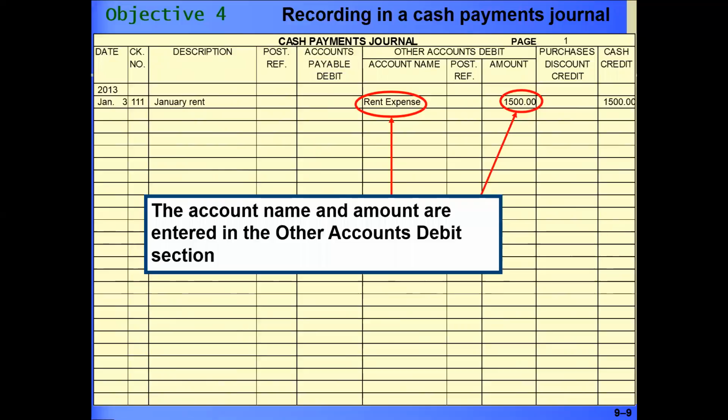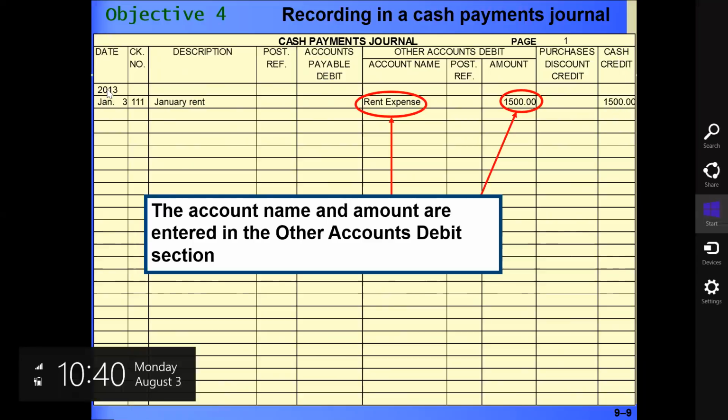So does a debit or a credit reduce an asset? Credit. And that's why we're crediting the cash column. Because these are cash payments, cash goes out, it's a credit to cash, $1,500.